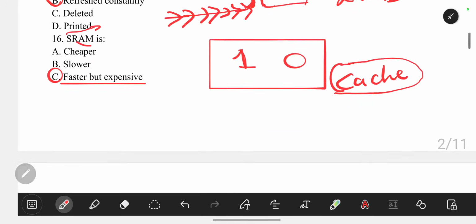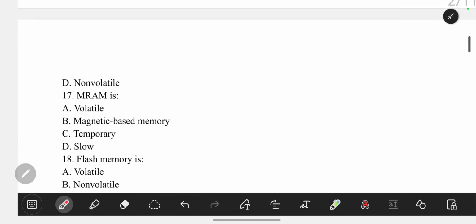When we look at our MRAM, it is a type of RAM that is magnetoresistive. It is magnetic based RAM.